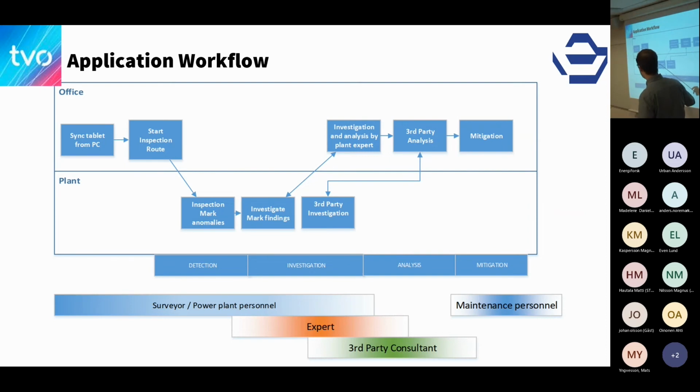So there's no need to come to the office and update the Excel and then see, oh, I need to make this measurement, and go back to the plant and do the inspection. So this is to make this more fluid or flexible.